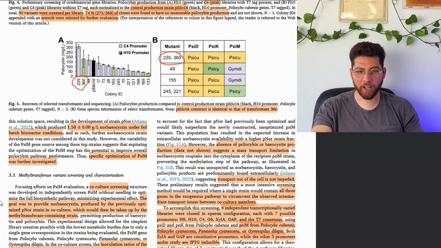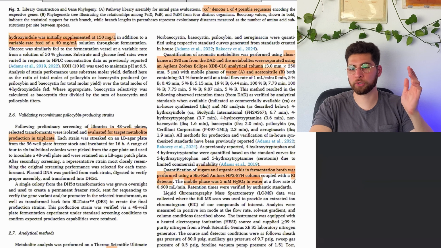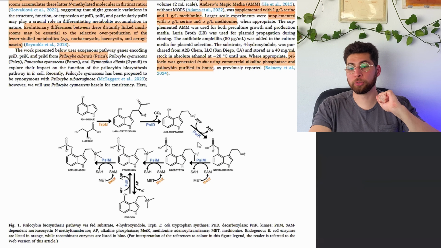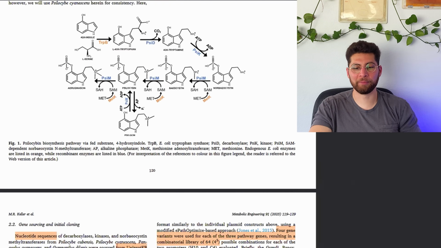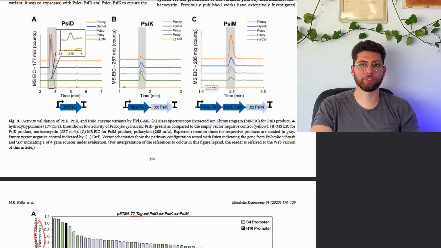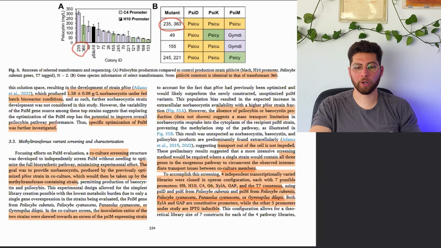Let's look at the precursors. So just to be clear, one strain that produced high quantities of norbaeocystin, and then one strain that produced a variant of Psi-M, and they mixed that in a single culture to sort of find high producers of Psi-M. And they said that this didn't work very well.